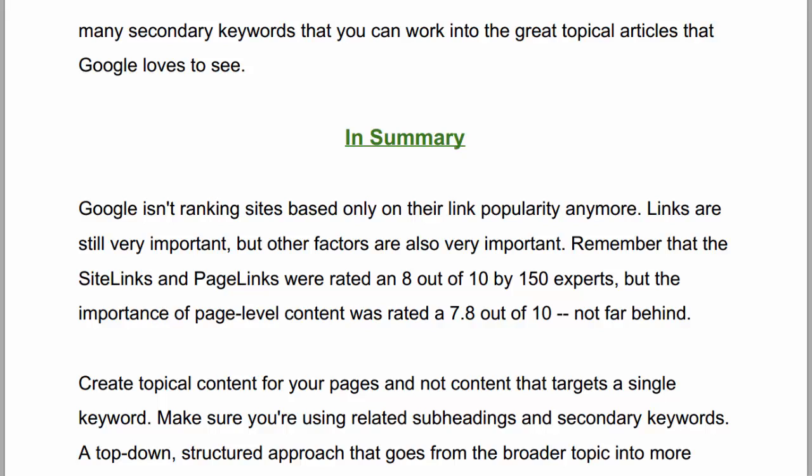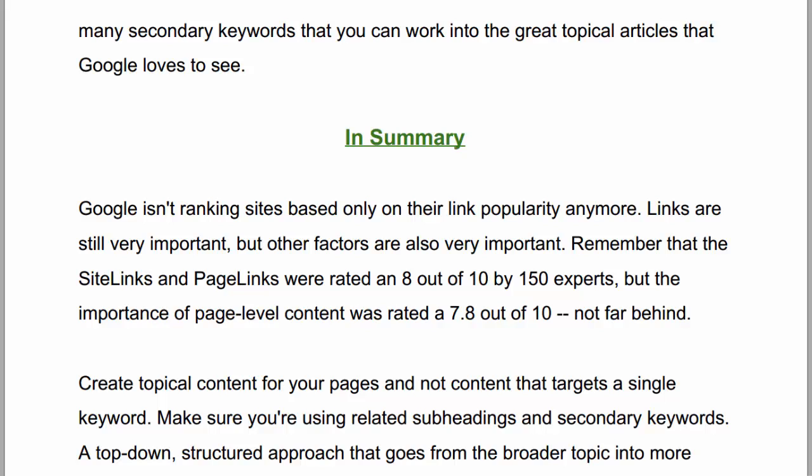No, Google isn't ranking sites based only on their link popularity anymore. Links are still very important, but other factors are also very important. Remember that the links to the site and the links to the page were rated an 8 out of 10 by 150 experts, but the importance of page-level content was rated a 7.8 out of 10, not far behind.